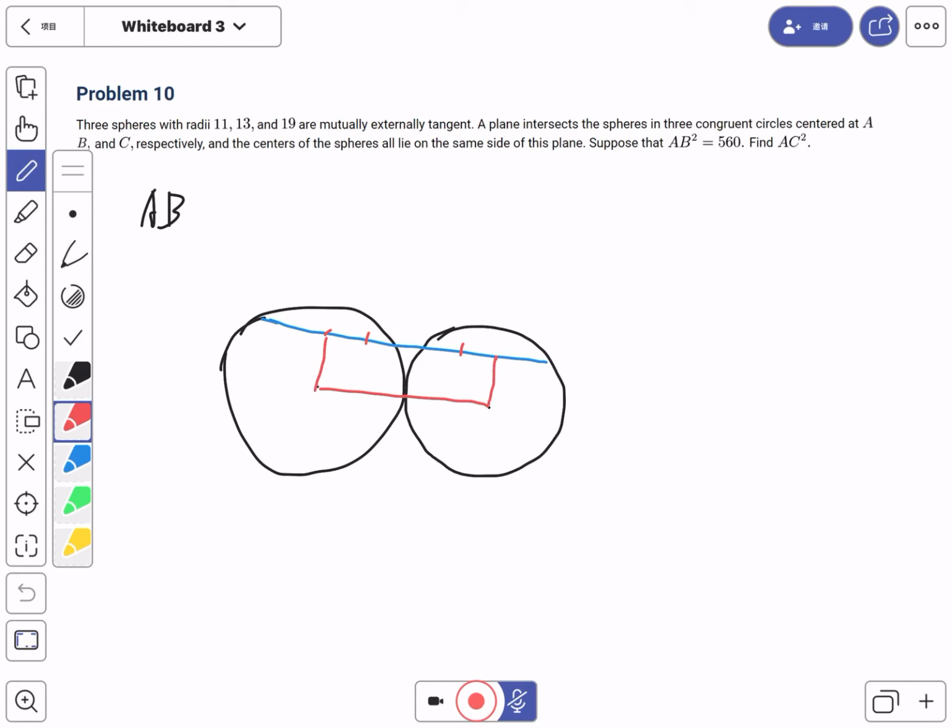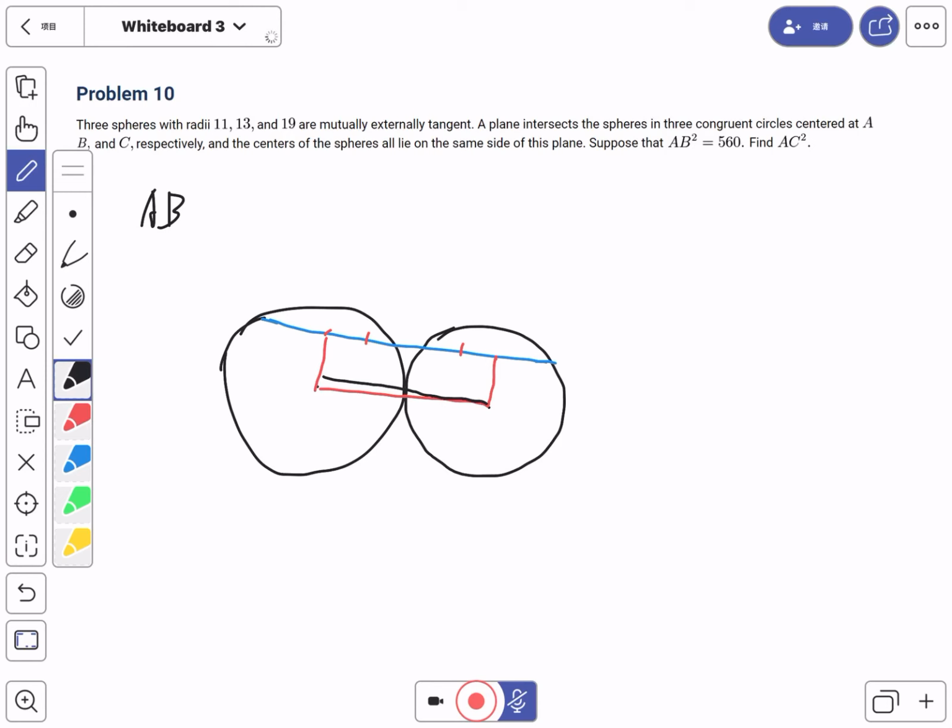Whenever we draw the altitude from the center to the midpoint of the chord, the altitude always bisects the chord. How is that going to help us? We can also drop an altitude from this center to this chord, to the altitude on the left.